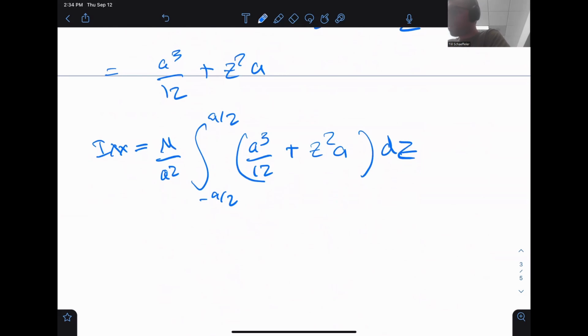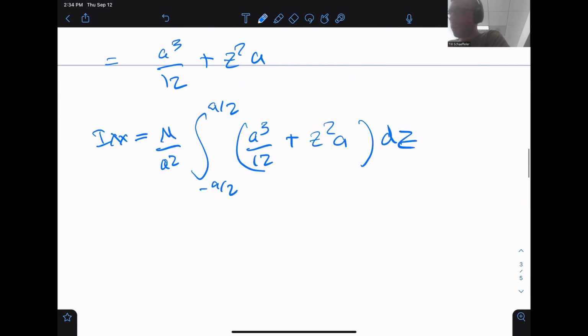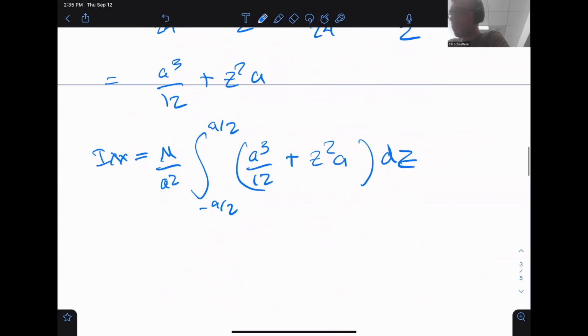There's no z dependence left on the first term, so that'll give another factor of a.